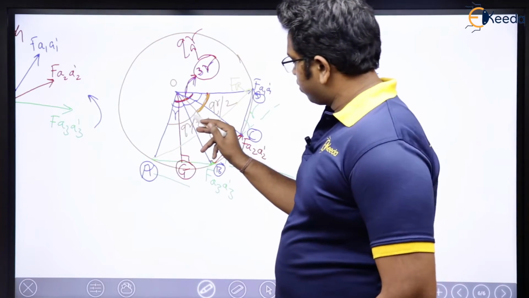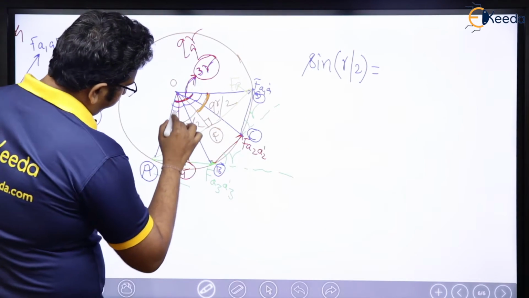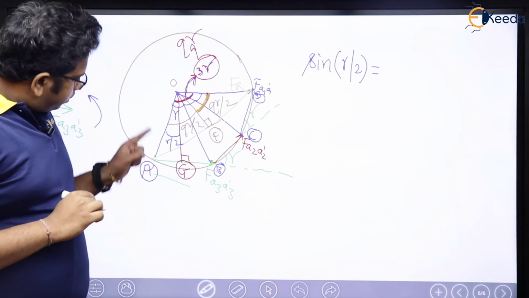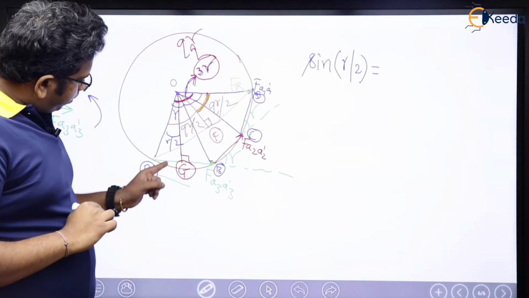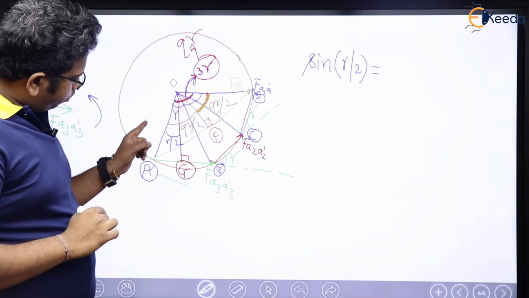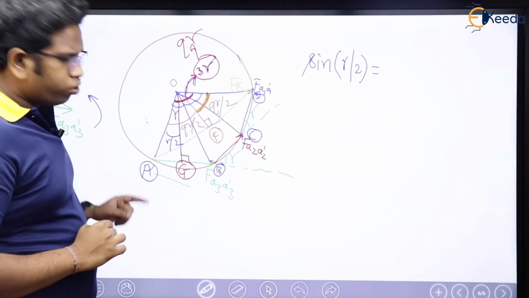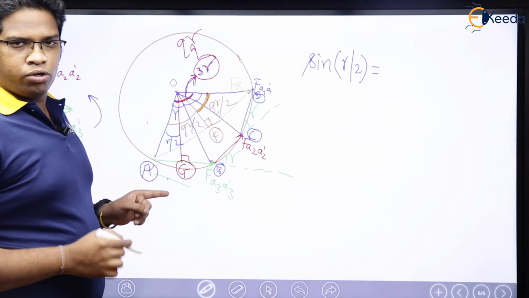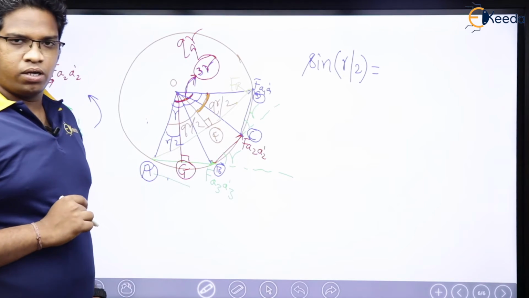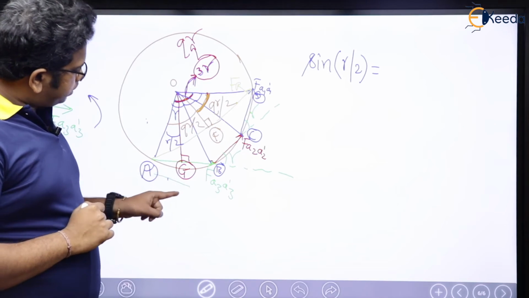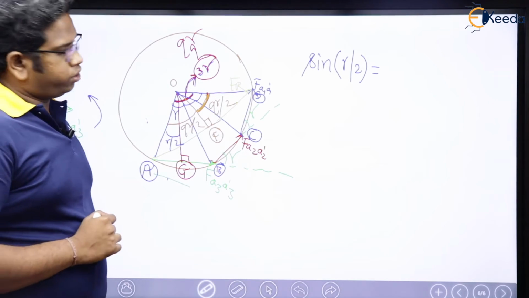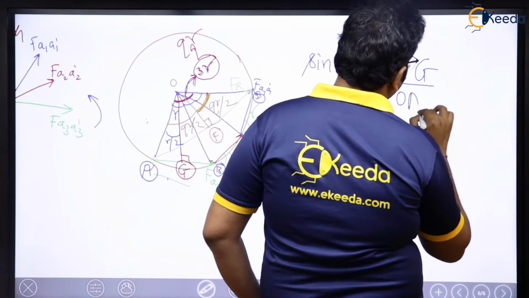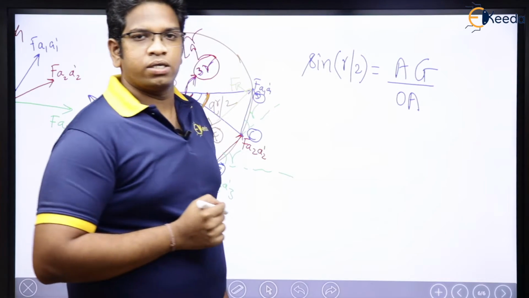So this angle is going to be gamma by 2, and this is a right angle triangle, which means opposite upon hypotenuse. Opposite is AG upon OA. Angle AOG is gamma by 2, so opposite to that is AG, and hypotenuse is OA, or we can say AO. Anyway, it doesn't matter. This is going to be sine gamma by 2.